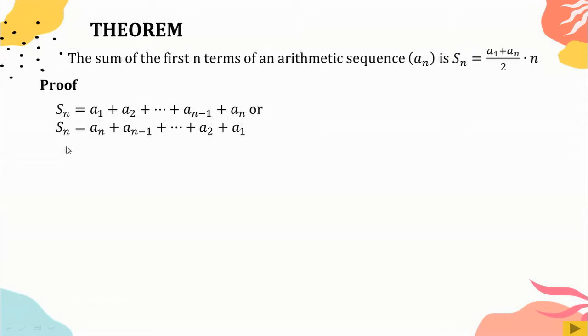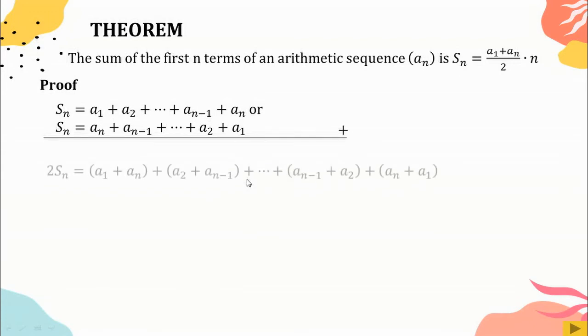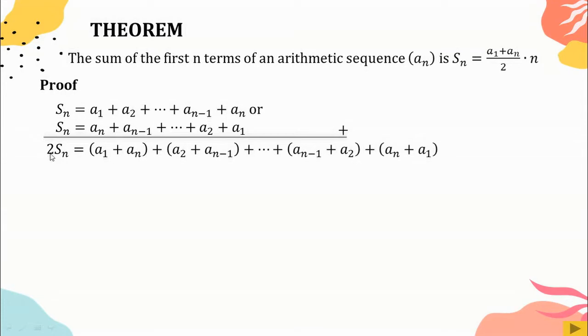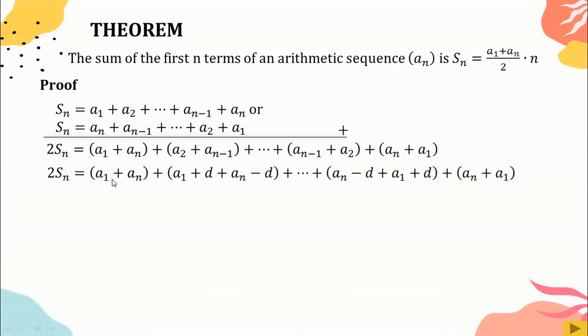Or we can write it again as Sn equal to the general term plus the (n minus 1)th term plus and so on until the first term. From here we can add both of them together. So we can see 2Sn equals the first term plus the general term, plus the second term plus the (n minus 1)th term, until the general term plus the first term. We already know that the (n minus 1)th term is Un minus d.